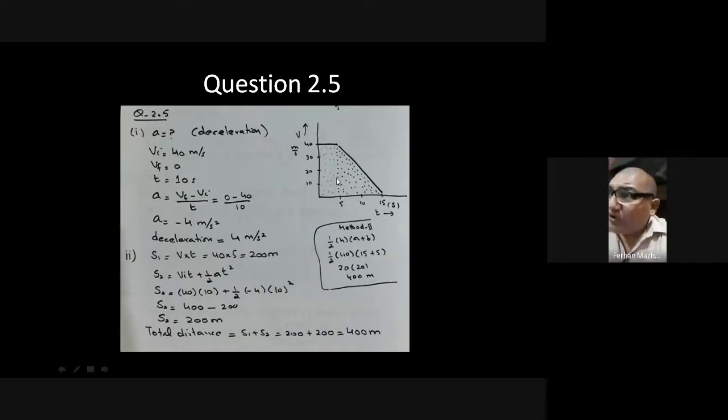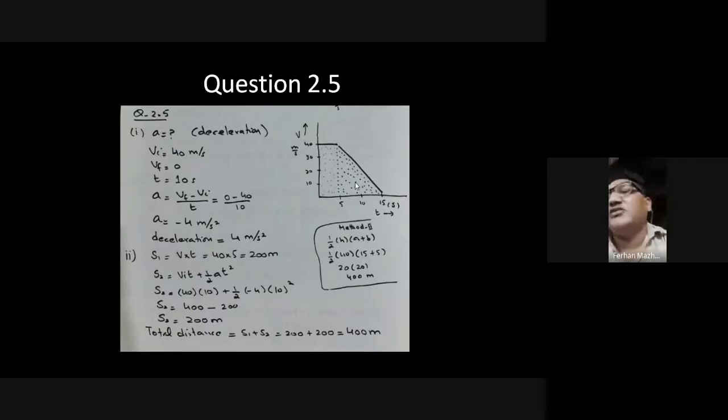In the second portion, the velocity is not uniform. Velocity is changing, it's gradually decreasing. So I have to apply the equations of motion. I have applied the second equation of motion here because I know the deceleration, the time taken for the second portion, and the initial velocity.